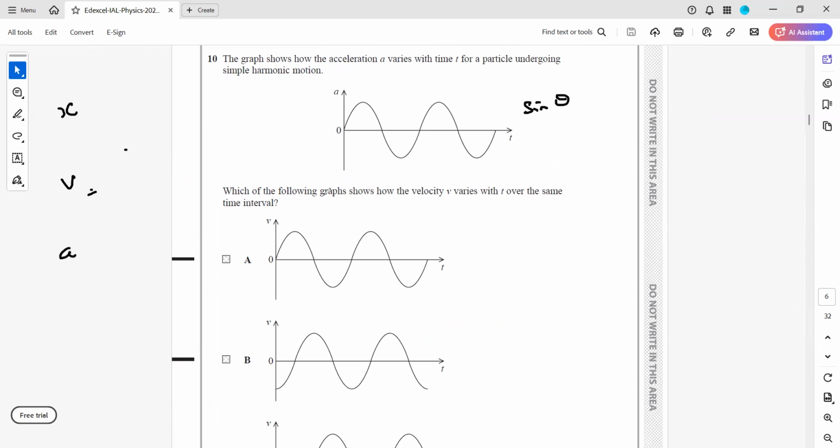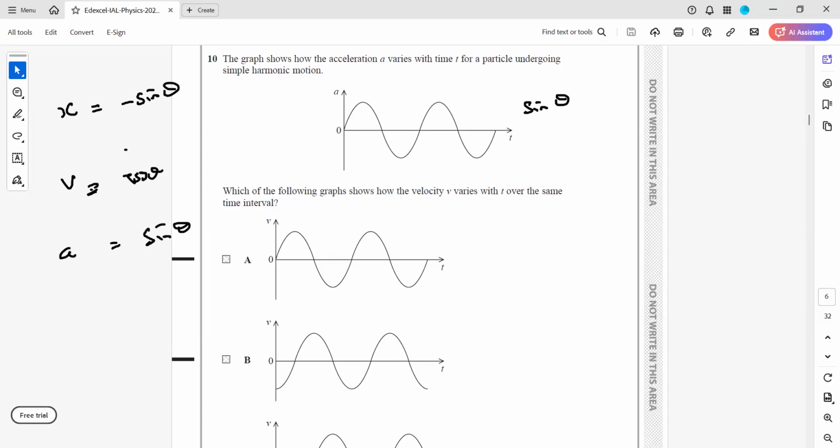What is the displacement? Displacement is always opposite, like inverse, so it will have a minus sign. And what is the derivative of a minus sine? The derivative of minus sine is cosine. So the velocity graph will be a cosine theta graph.